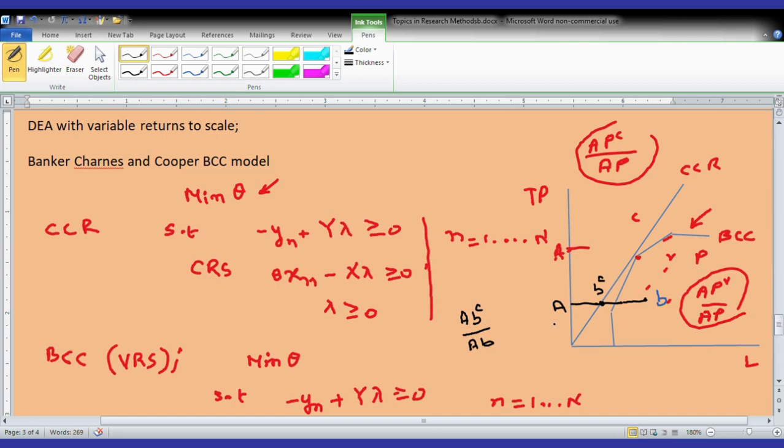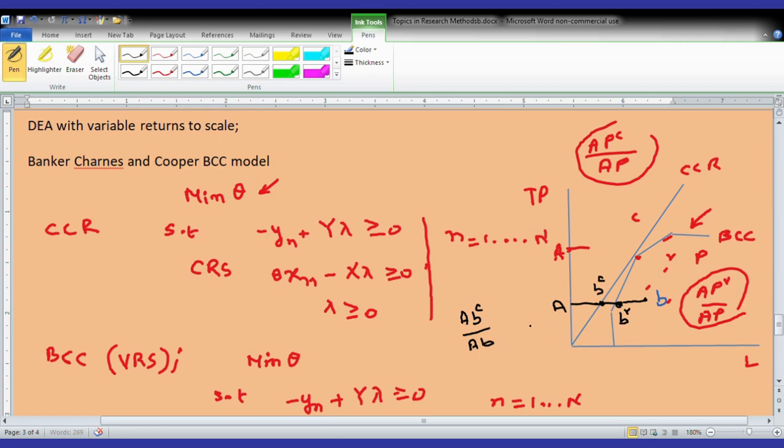If in place of the CCR model we use the BCC model, then the point B will be benchmarked against point, say, BV. So let us call this point BV, which is on the total product curve associated with the BCC model.